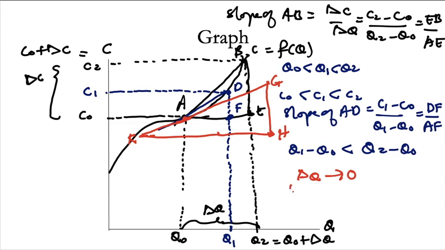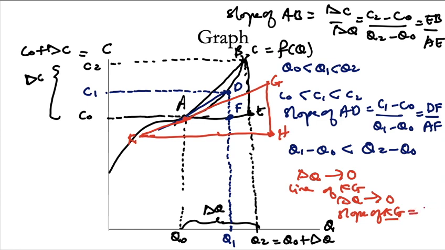And at the line of KG, the change in Q approaches zero because you can see that it's exactly at point A and the change in Q is almost zero at Q0. From here, we can calculate the slope of KG, which is actually what?